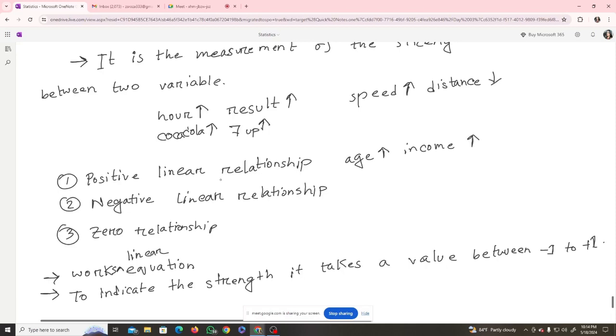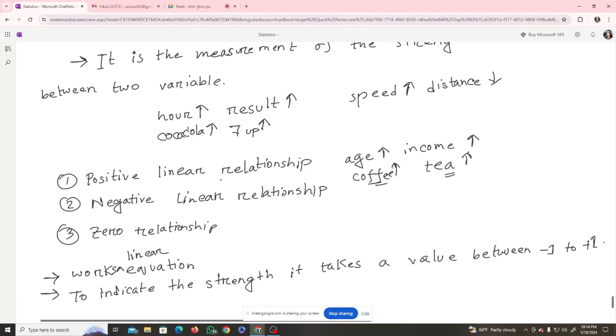Yes. Then in the negative relationship, we can similarly give examples such as if the price of coffee increases, the demand of tea will also increase.